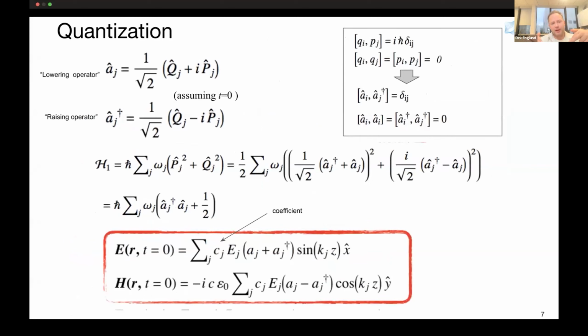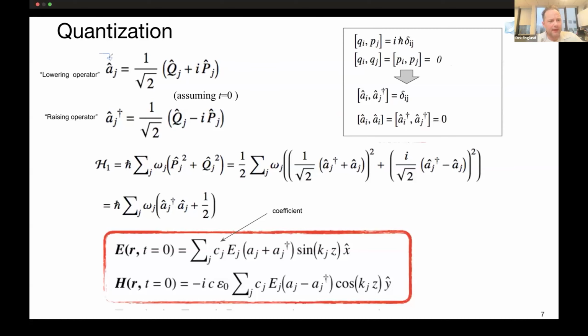Now it's useful at that point to introduce these other operators. Remember, in the first quantization of the position and momentum of a particle, we introduced the notion of operators in quantum mechanics, that all measurements are given by operators acting on some Hilbert space that describes the system.